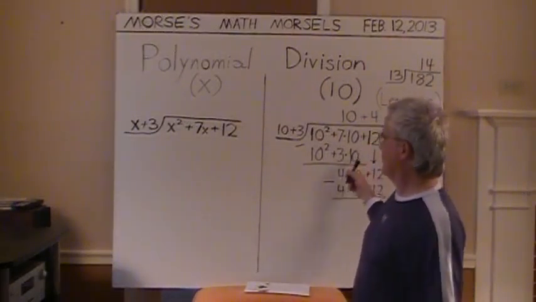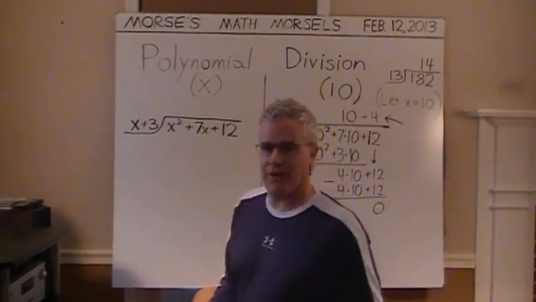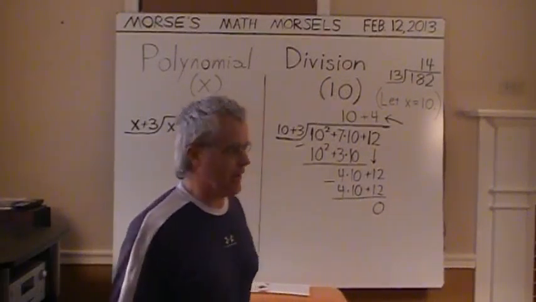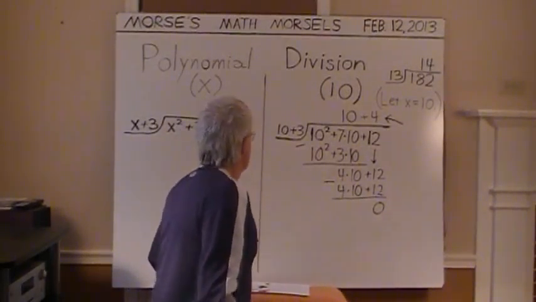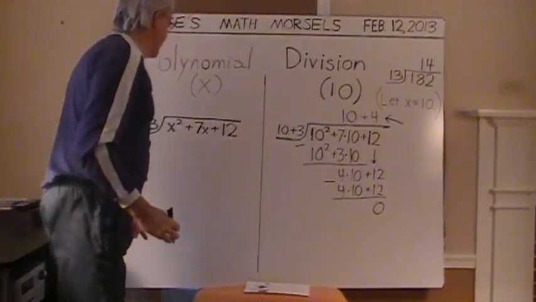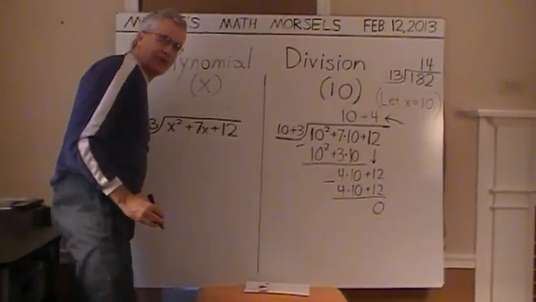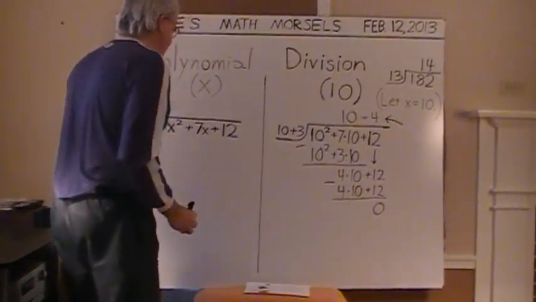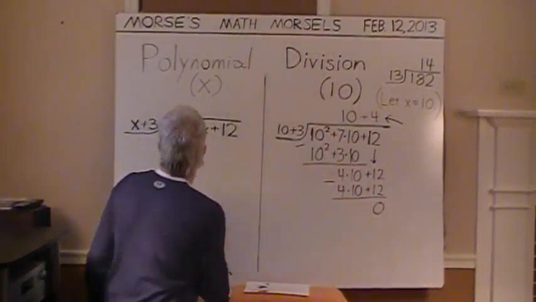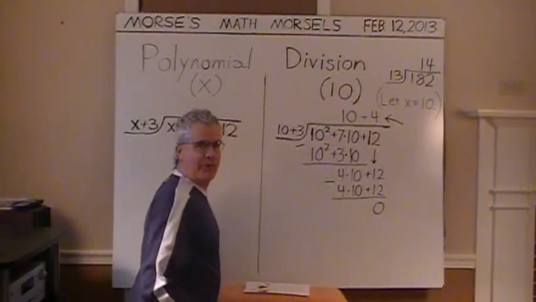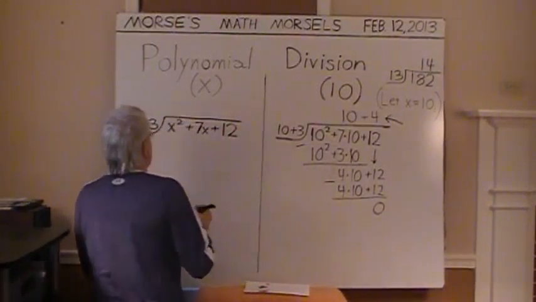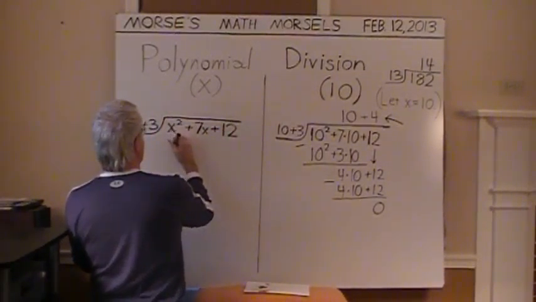So that arithmetic worked out. Now let's compare it as I move to the left side with the left side polynomial. X plus 3 going into x squared plus 7x plus 12. How many x's do you need for an x squared? Well, x times x of them.